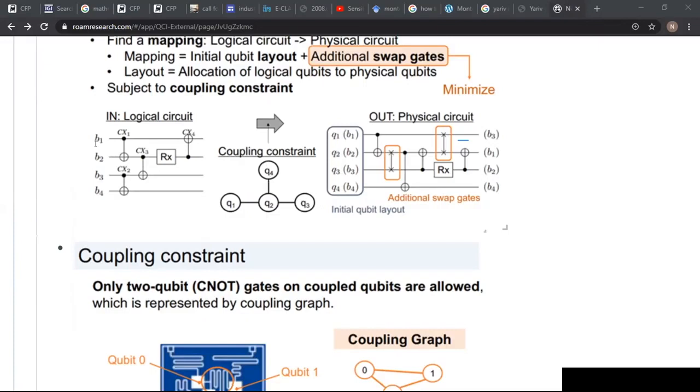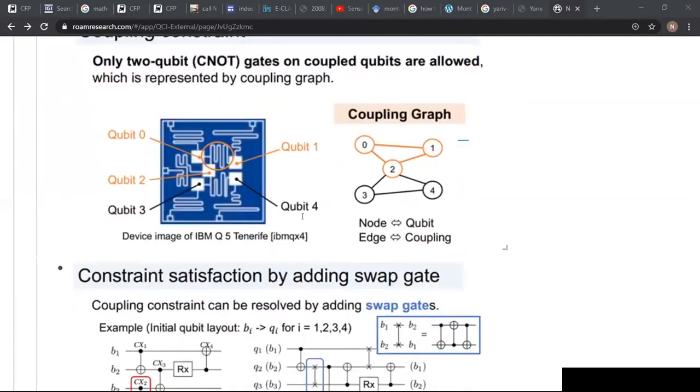B1 is nothing but Q1, B2 is Q2, B3 is Q3, and B4 is Q4. You're mapping the logical qubits to the physical qubits out there. So we have a CNOT gate between B3 and B4, but Q3 and Q4 are not connected with each other. That is the ambiguity which arises over here.